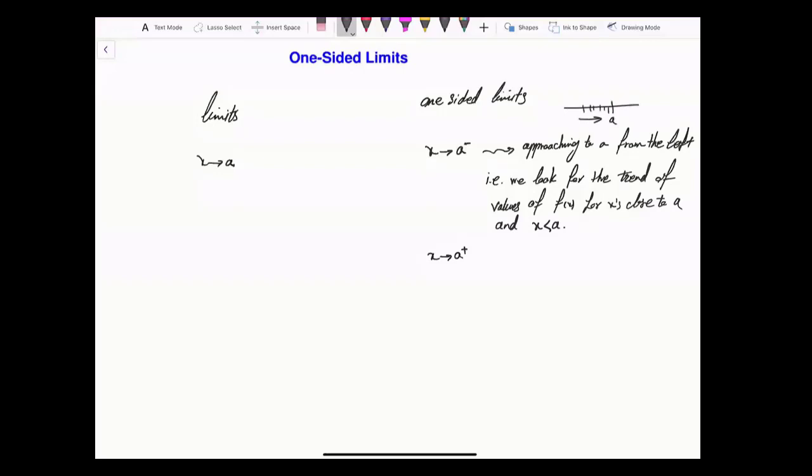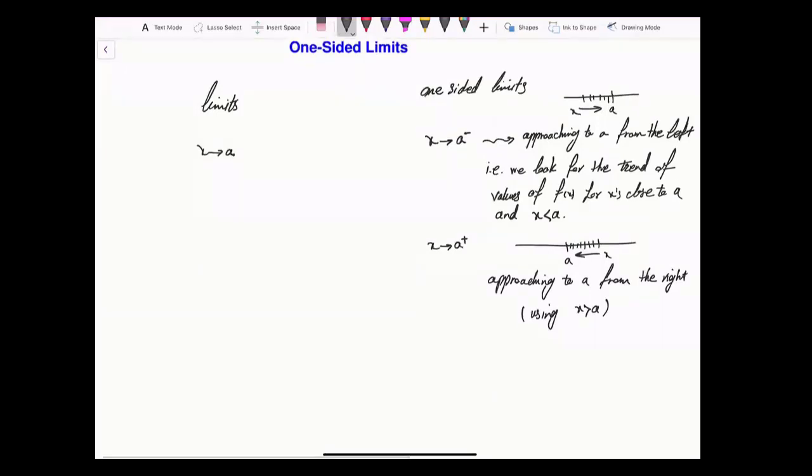We get closer like that. But when x approaches a from the right, that means that we are getting closer to a from values bigger than that. So approaching a from the right, or just using values of x which are bigger than a.